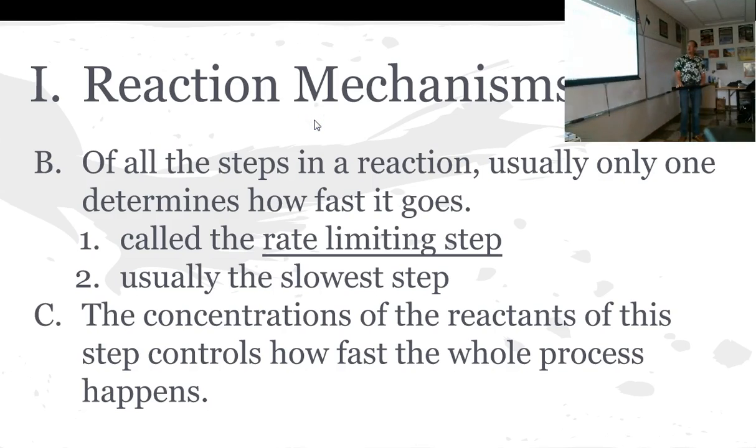Okay. So, when we look at all the different steps that happen in a chemical reaction, we have to find the one step that controls how fast a reaction occurs.